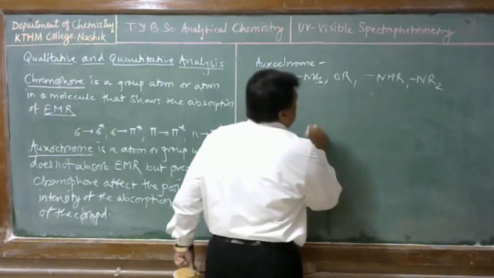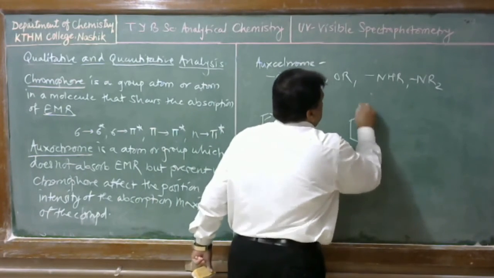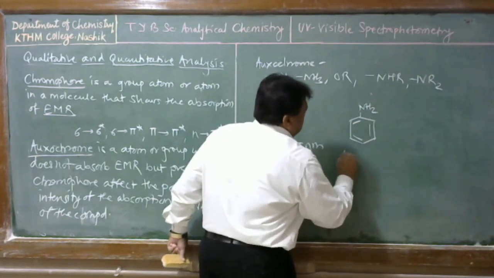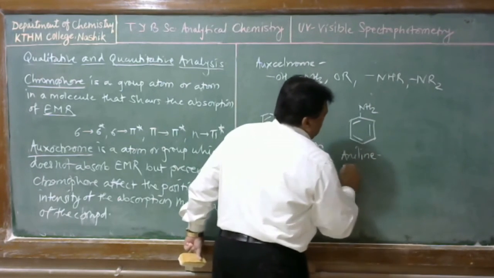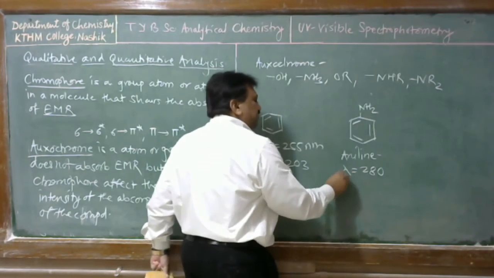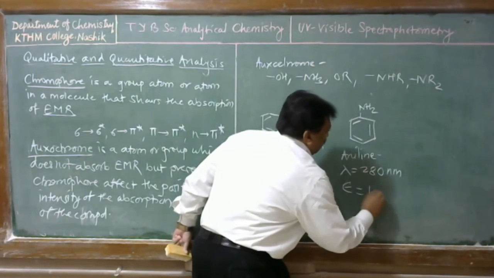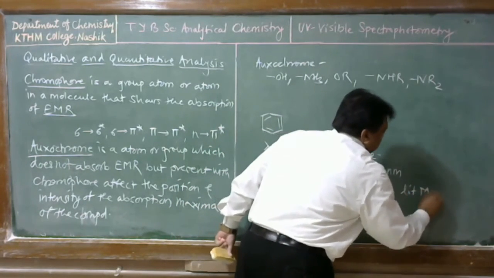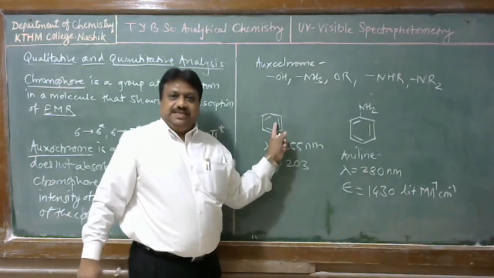But when we add an NH2 group to the benzene, it becomes aniline. This aniline shows the absorption maximum at 280 nanometer with an epsilon value of 1430 liter per mole per centimeter. This is because of the addition of the NH2 group to benzene.